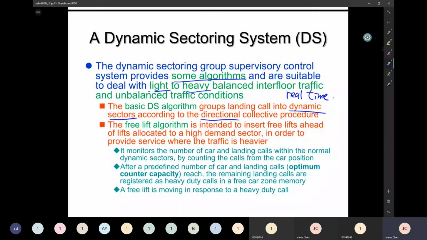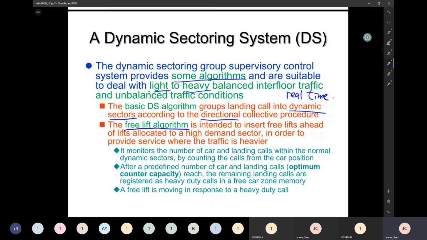And here, if we have determined the number of calls in the system, we can apply the fee lift algorithm in order to assign the fee lift to our call demand. Okay, and we are going to explain how we can apply the fee lift algorithm to serve our lift calls, especially when the lift traffic becomes heavy.